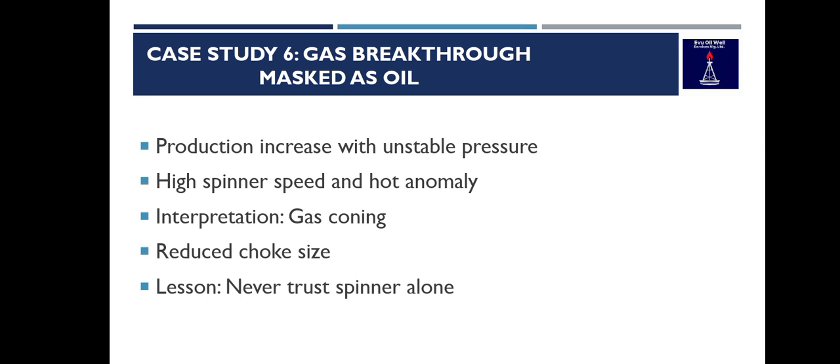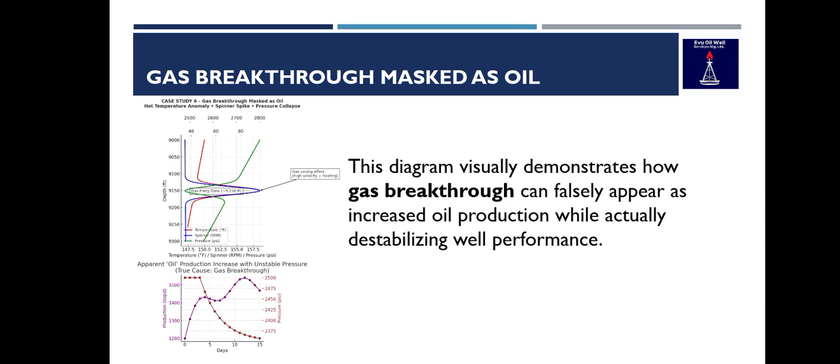Gas is highly compressible, so it can have fluctuating pressure, very much unlike traditional oil. Gas breakthrough masked as oil. Spinner spike, hot temperature anomaly, and pressure collapse confirm gas entry.